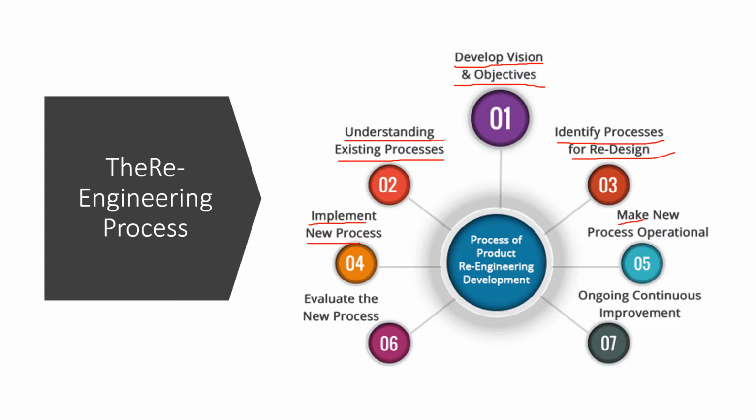And once it is able to serve the purpose, we can evaluate the feasibility of the new process. Whether the new process is really helpful to the stakeholder, there are many criteria to evaluate such new concepts of re-engineering.